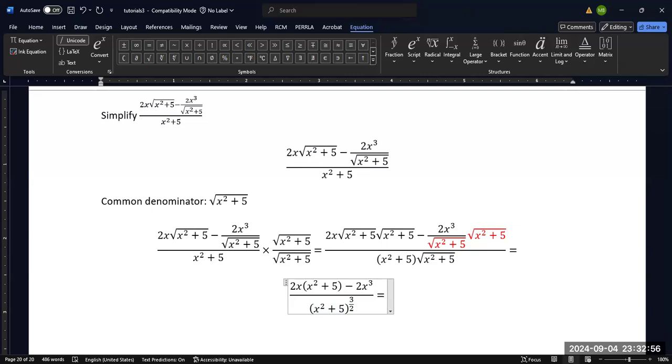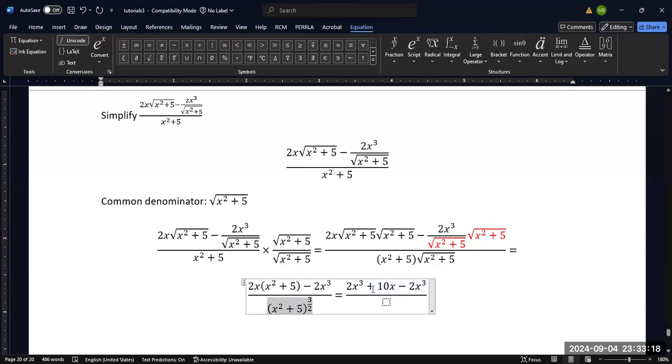Now I can simplify a little bit further. I can distribute my 2x through my parentheses here. So 2x times x squared is going to be 2x cubed plus 10x minus 2x cubed.